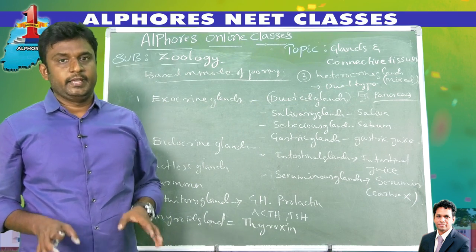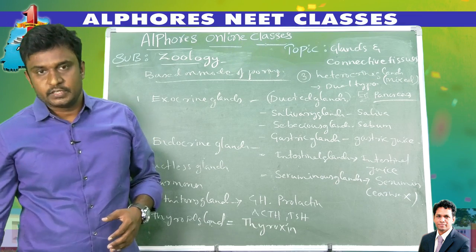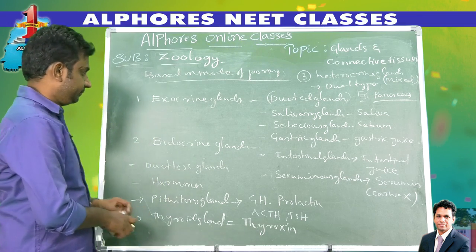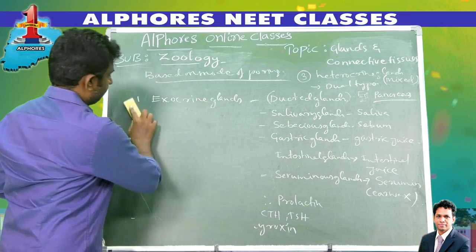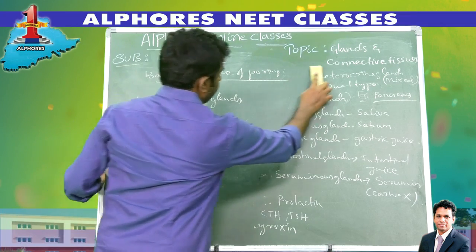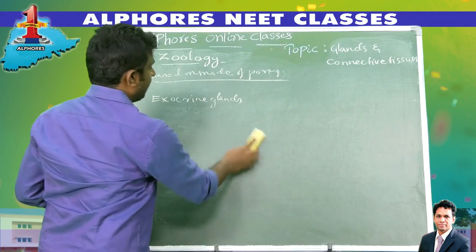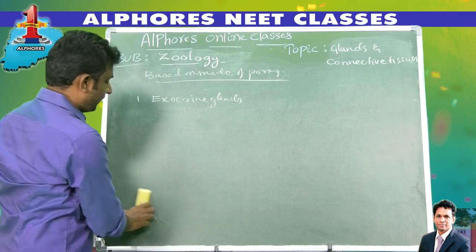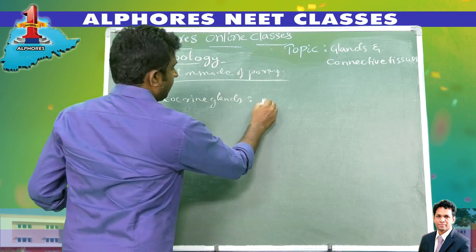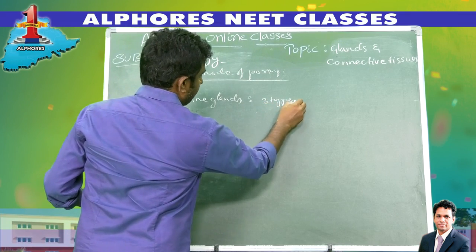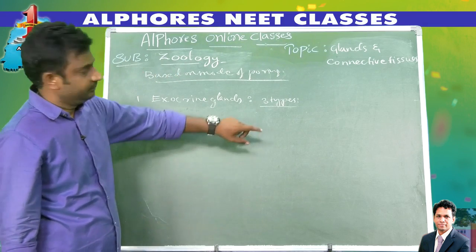So in our body, these are the types of glands, and other types of glands are also present. Exocrine glands are again of three types, based on the releasing of secretory material.